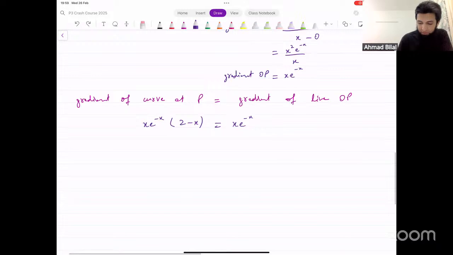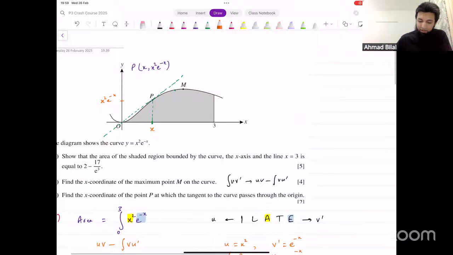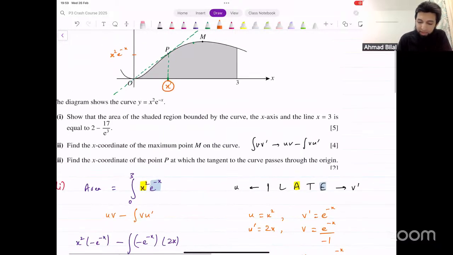Let's solve this equation. How do we solve this equation? I can cancel out this whole thing like this. Why can I do that? Generally, we don't cancel out x, right? But in this case, I can do that because I know that the x value at this point is not supposed to be 0.